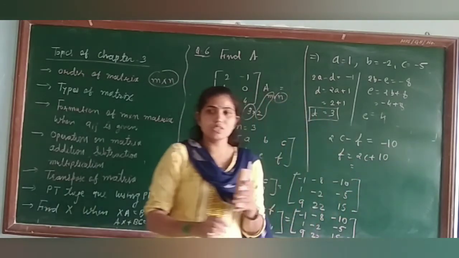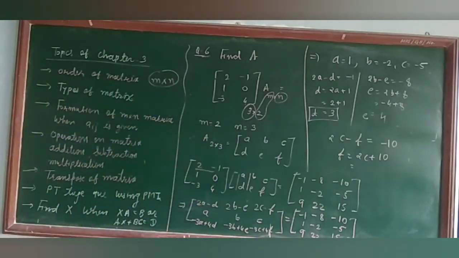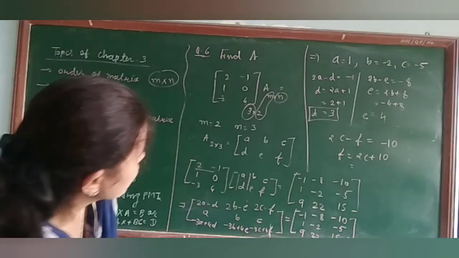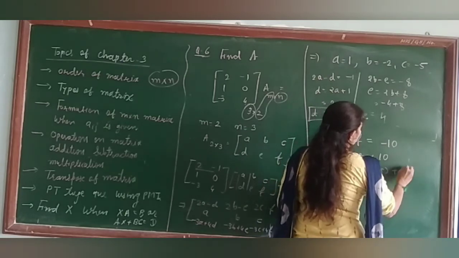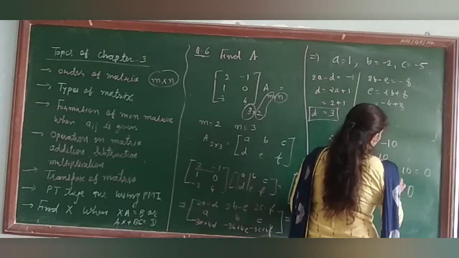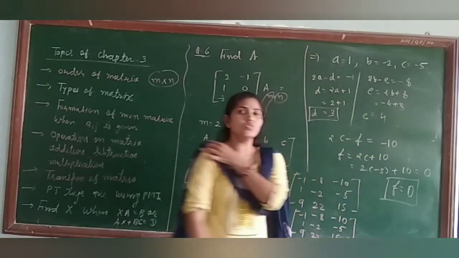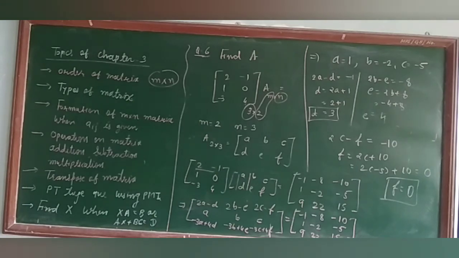C is equal to minus 5, so let me apply the value: 2 into minus 5 plus 10. So F is equal to 0. So this is the third type of question, students.